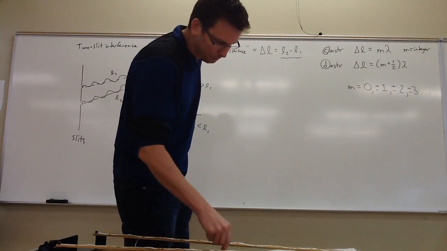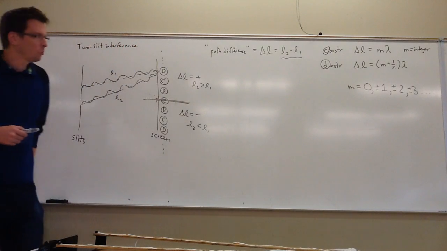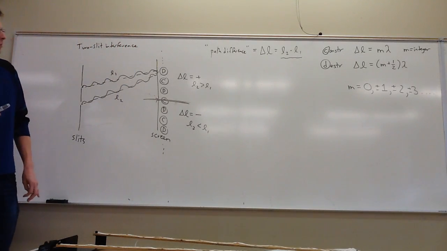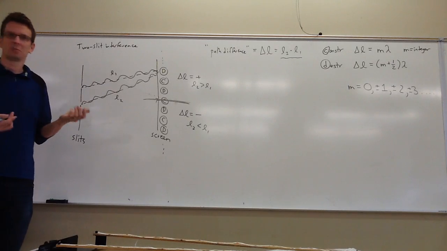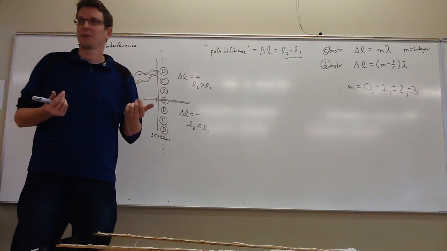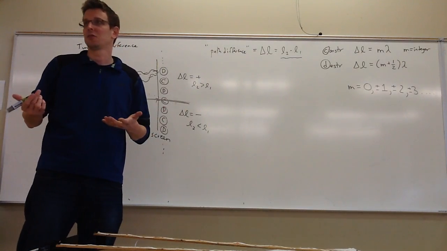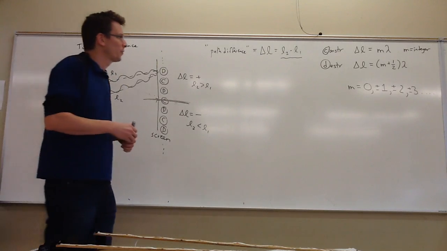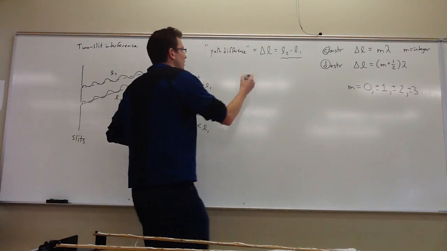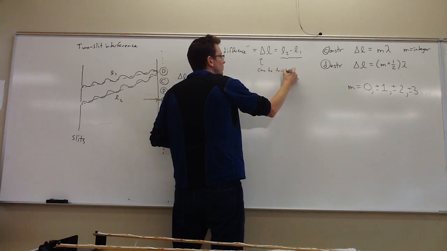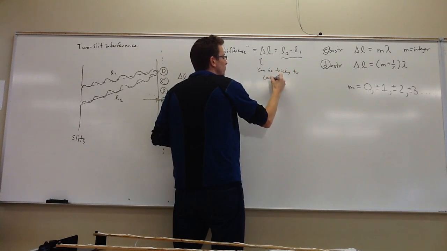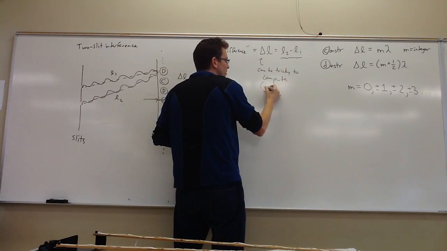From here, we're going to delve down into the system and make some approximations that are very highly accurate for the system and actually make it easier to work with. Now, in general, the path difference can be tricky to compute. It requires some geometry.